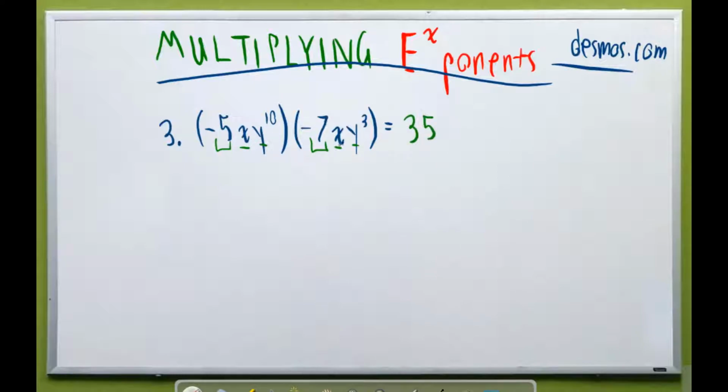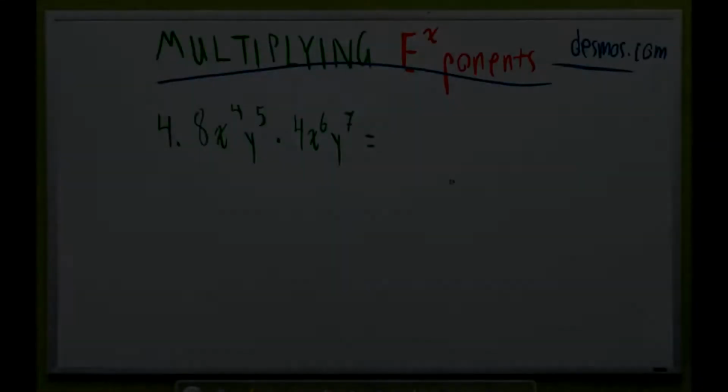X times x is x squared because both of these have a power of 1, and 1 plus 1 is 2, so our answer is x squared. And y to the 10th power times y to the 3rd power is y to the 13th power, because 10 plus 3 equals 13. Give this problem a shot.